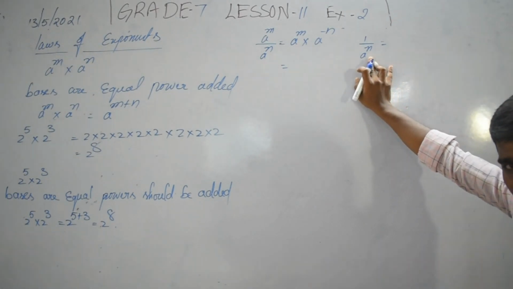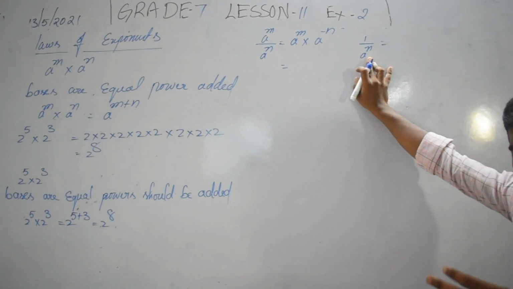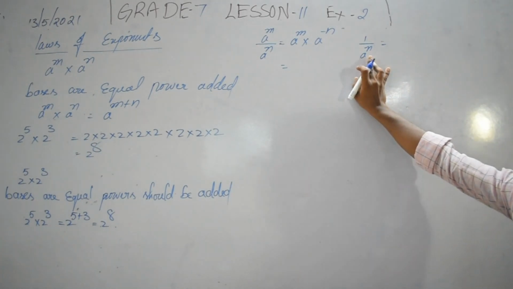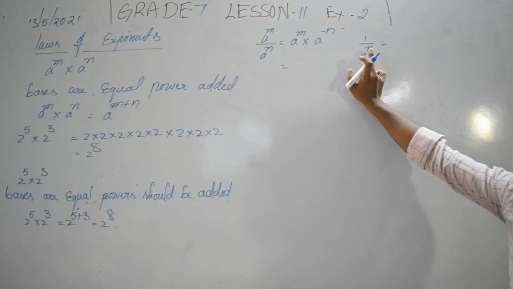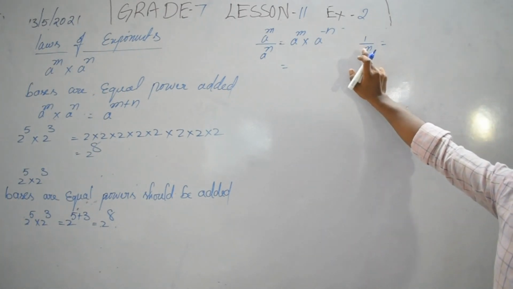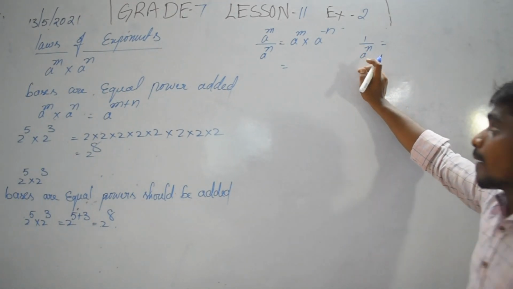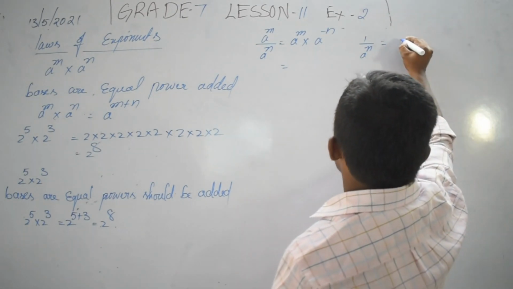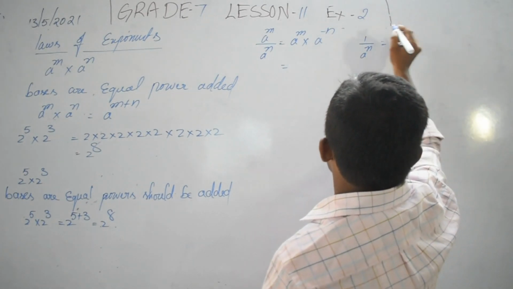When we convert the denominator place to the numerator place, the power gets the opposite symbol. Here the power has a plus symbol, and it becomes the minus symbol: a power minus n.